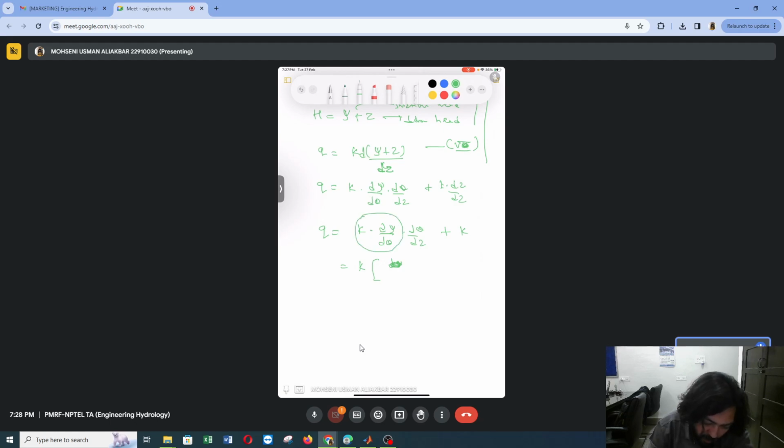This term is known as soil water diffusivity, so instead of k, this term we can write as D. So q will be D d theta by dz plus k. So the final equation is equation 6.